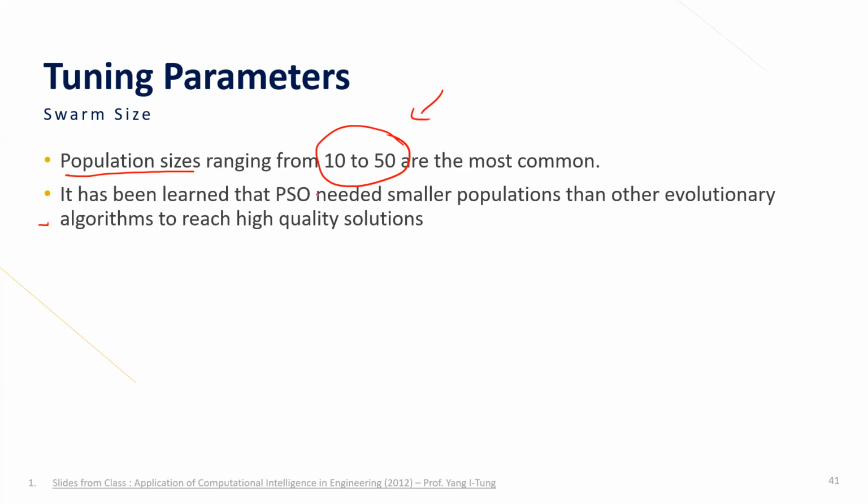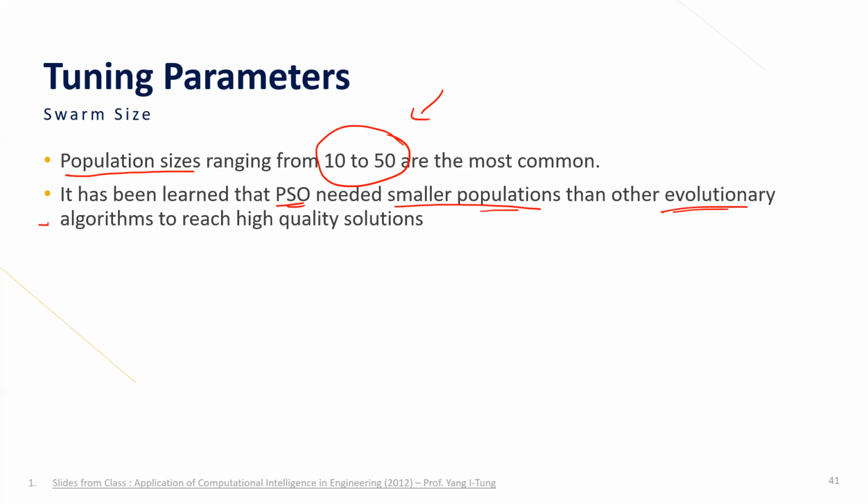Okay, it has been shown in several literature that PSO sometimes needs smaller populations. When you give too many individuals in the population, the learning is slower. Because there are so many individuals that you need to consider one by one to learn from.